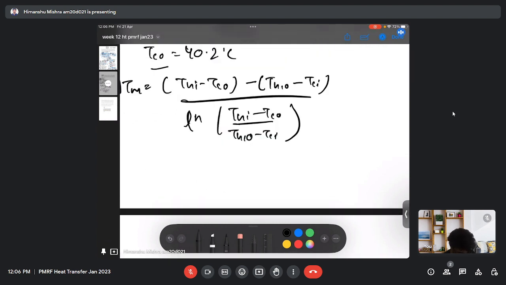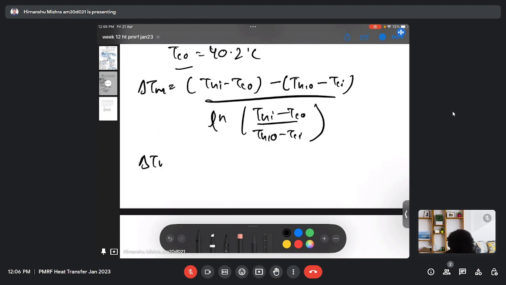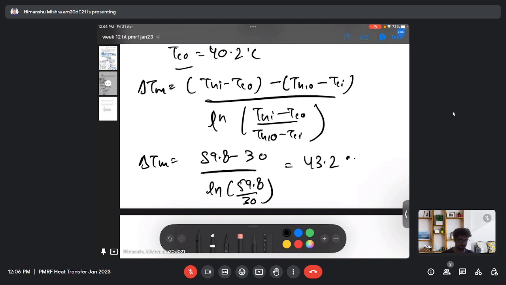This is my log mean temperature difference formula. So I can just put in values. On calculating, I get 43.2.